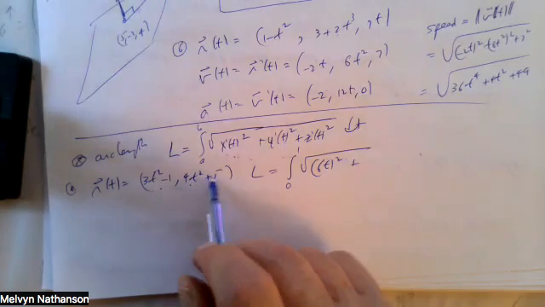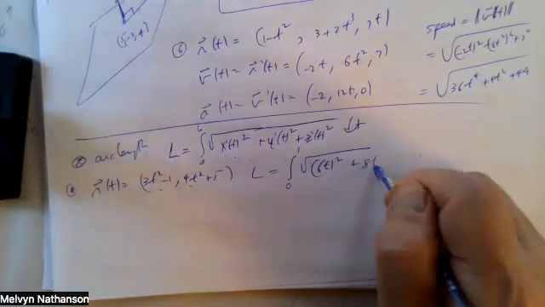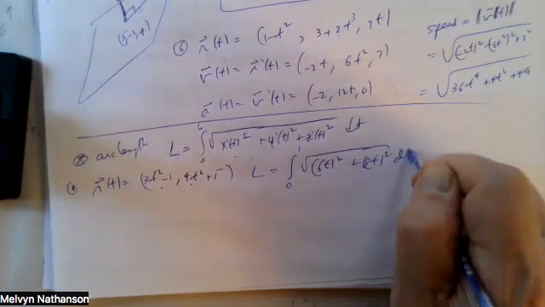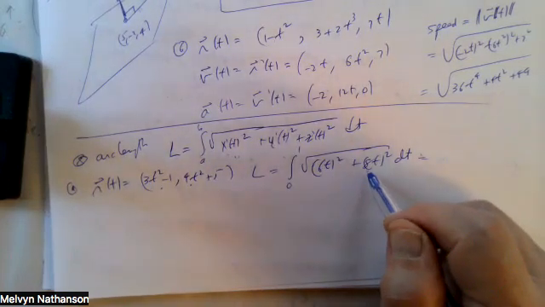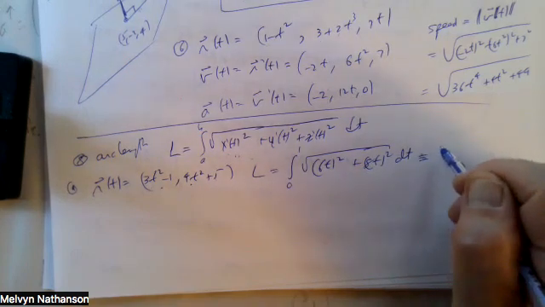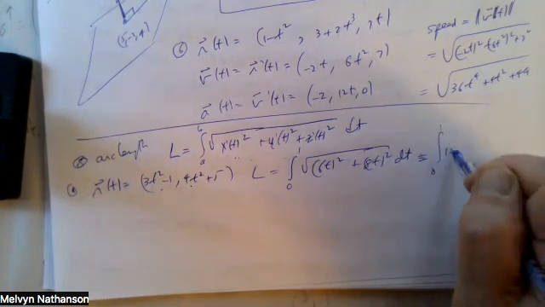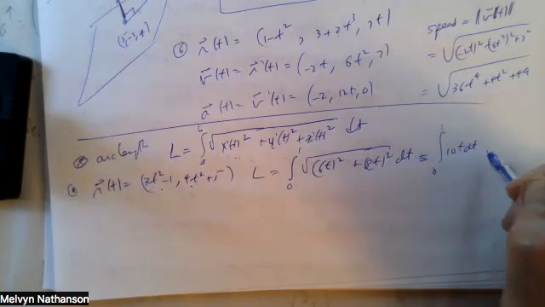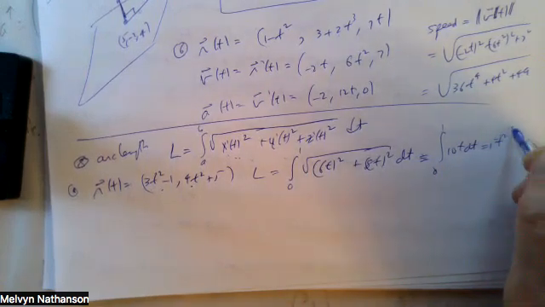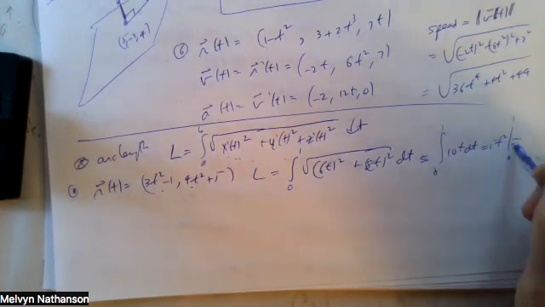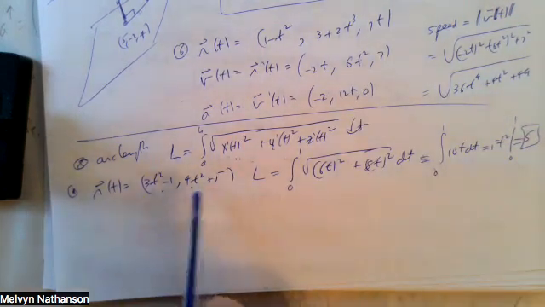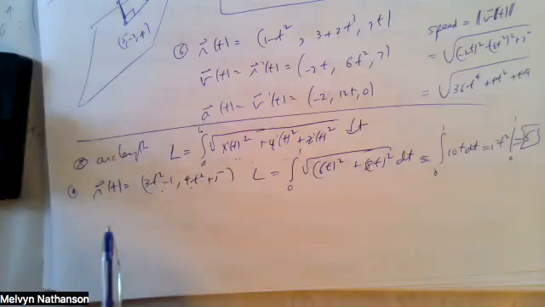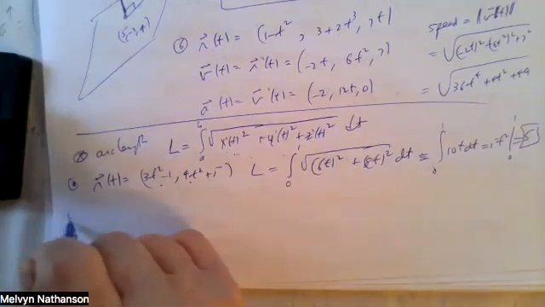The derivative of 4t squared plus 5 is 8t, so we're squaring that, dt. This is 36 plus 64, this is 100t squared. So this is the integral from 0 to 1 of 10t dt, which is 5t squared evaluated from 0 to 1, which is 5. So the arc length of this curve in the xy plane is 5.